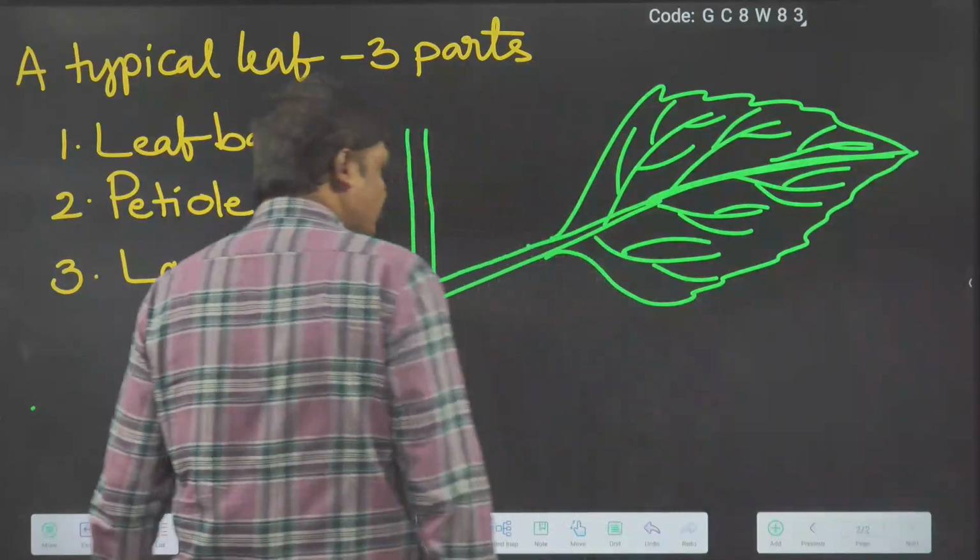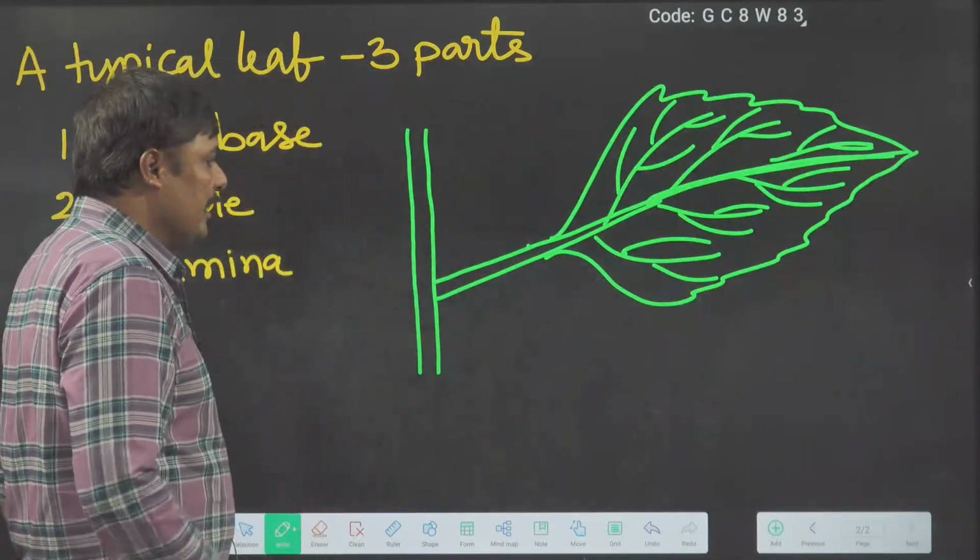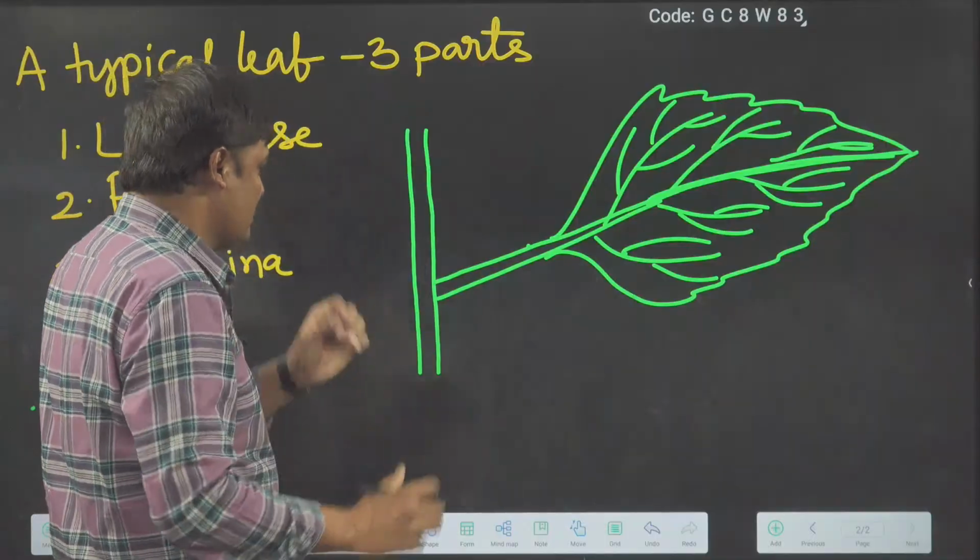See now, a typical leaf has three parts.